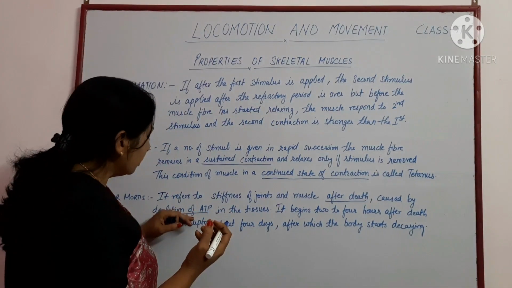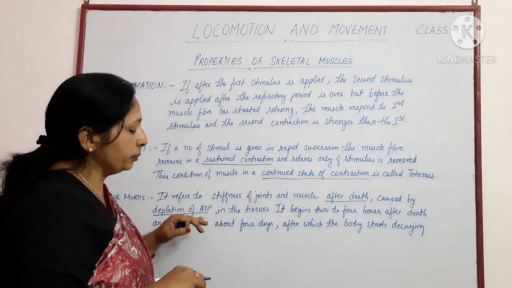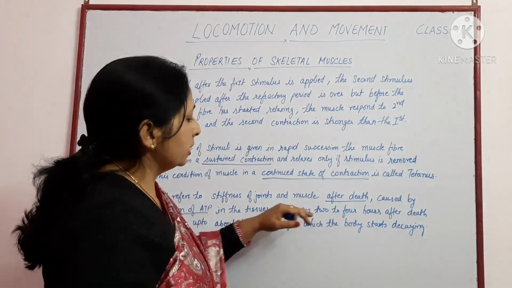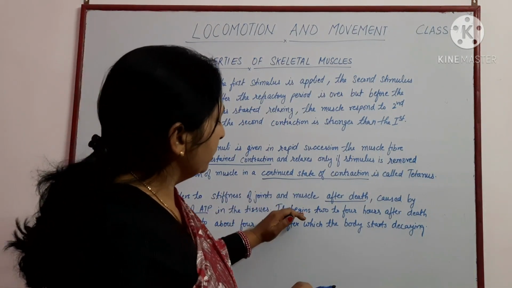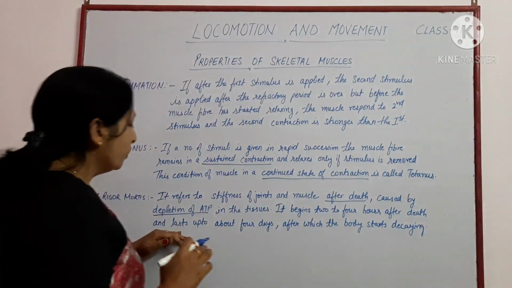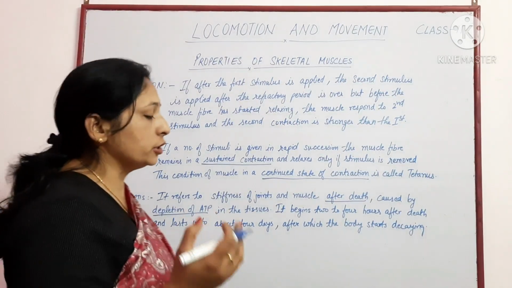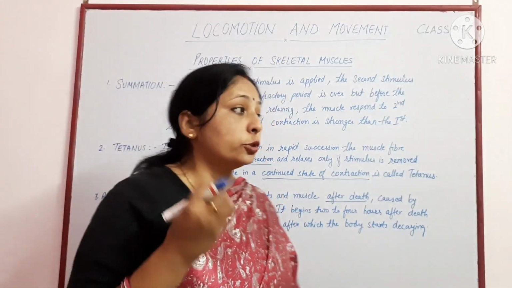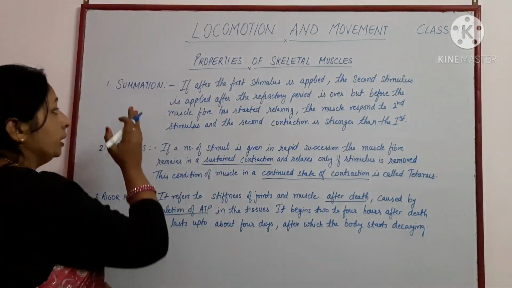So the lack of ATP in the tissues causes this. It begins 2 to 4 hours after death, and it continues up to 4 days, after which the body starts decaying.